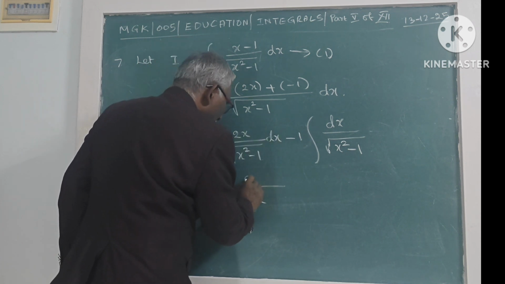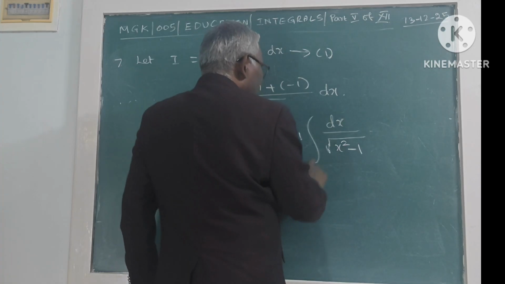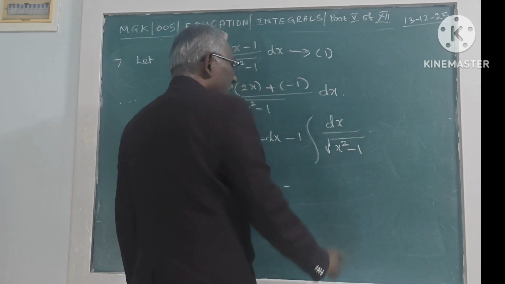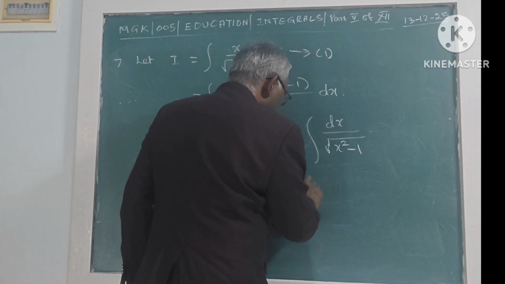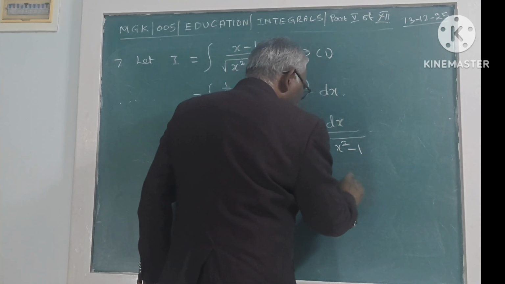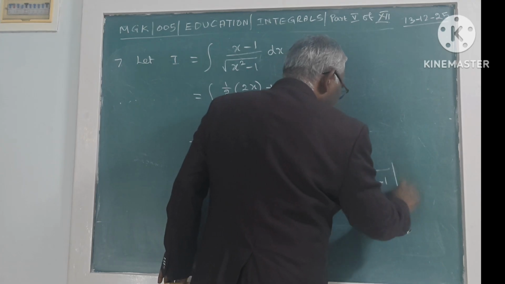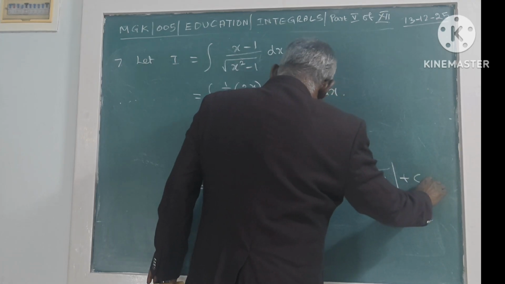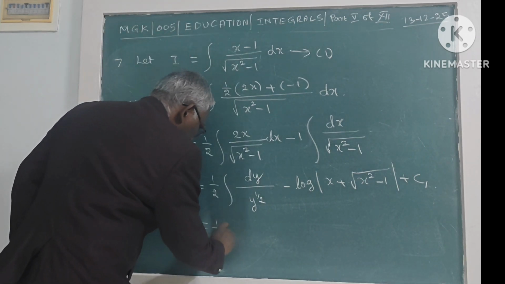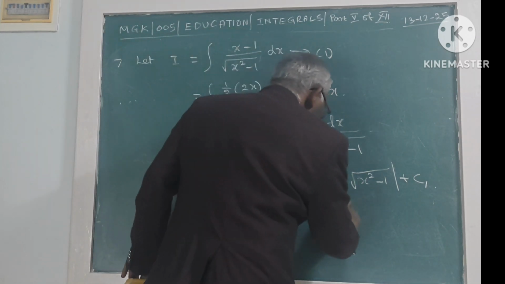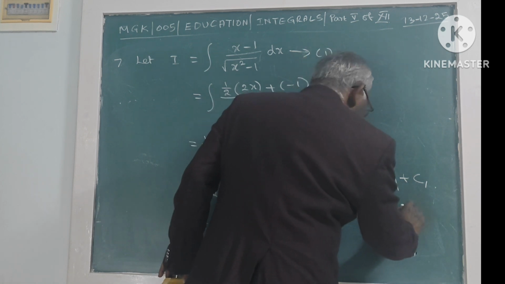So this becomes dy, minus this integral dx by square root of x square minus a square, which will be log of x plus square root of x square minus 1, plus c suffix 1, where y is equal to x square minus 1.